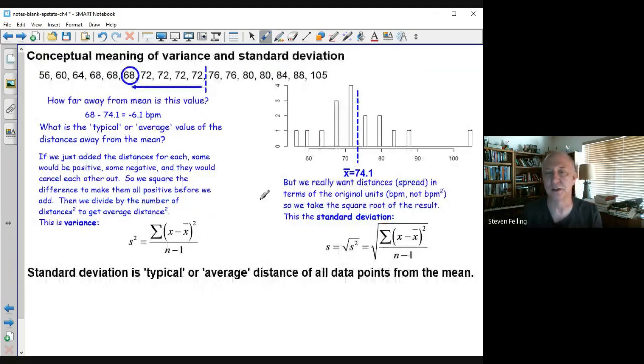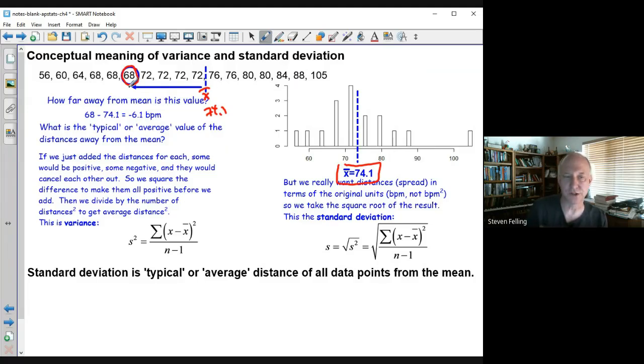In fact, let's take a specific example here. So in this data set, if you were to compute the mean, it actually turns out to be 74.1. Okay? What I'd like to have is some number that is going to get larger if the data is spread out around that, and smaller if the data is close to that. All right, so let's take one specific value here, 68. Okay, and I know that the actual mean here is 74.1, by adding up all these numbers and dividing by the number of numbers.